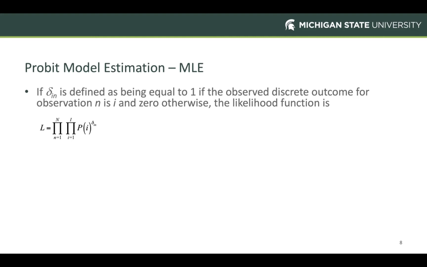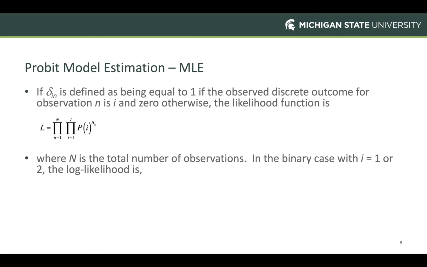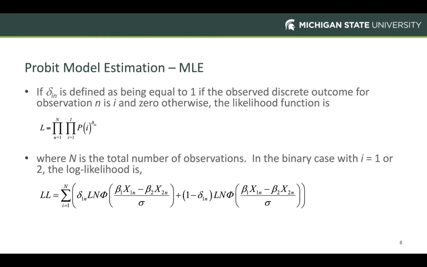Keep in mind, in maximum likelihood, we're taking each of the individual observations in our data set, calculating that probability, and then taking the product across all observations when we're trying to solve for the parameters beta. Beta is the vector of parameter estimates that would maximize this likelihood function. In the simplest case, the binary case, where we can just have the value of 1 or 2, that log likelihood function is shown as illustrated here.